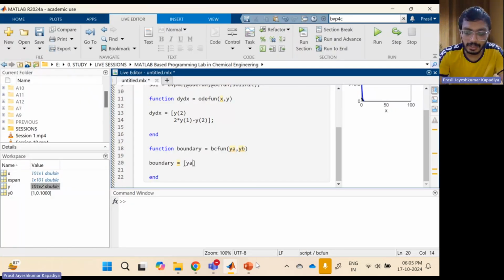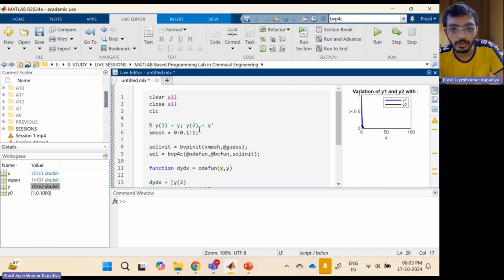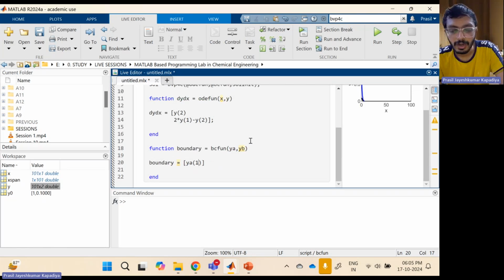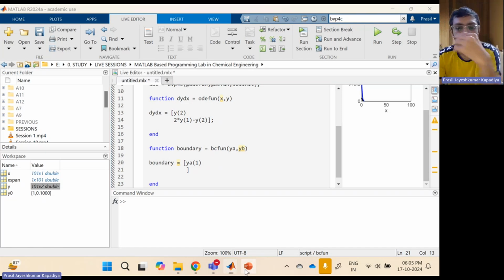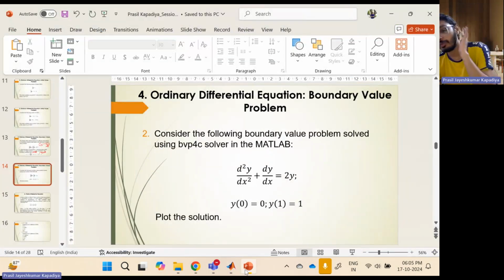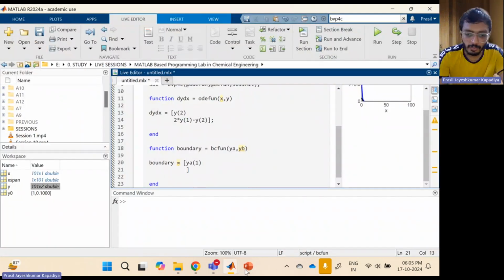So ya of 1. Why ya of 1? Because it is the normal value, it is y at 0, not dy by dx. That's why it is ya of 1 minus 0. So minus 0 we don't need to mention. And my second condition is y of 1 minus 1, so yb of 1 minus 1. Okay, so this is my second boundary condition.